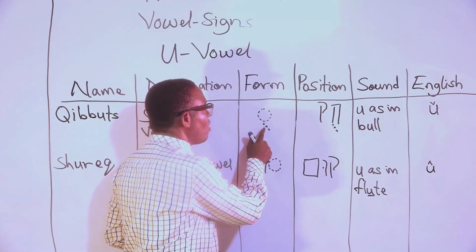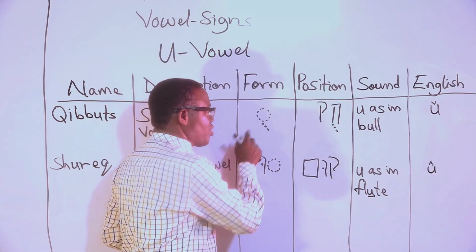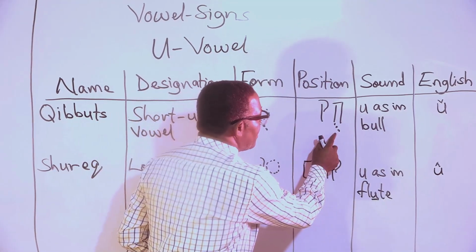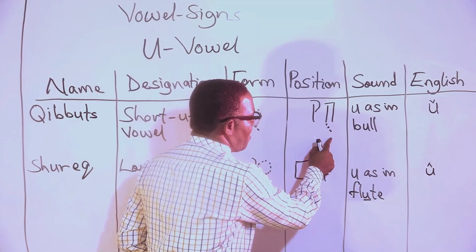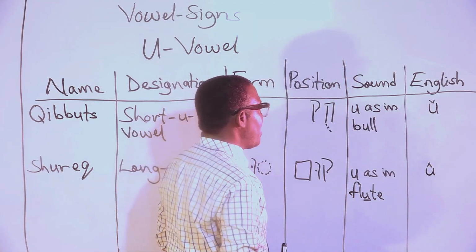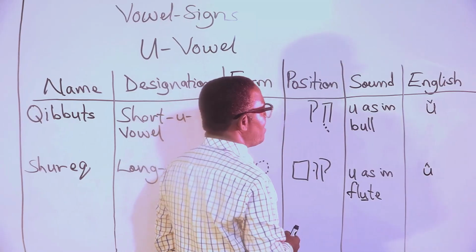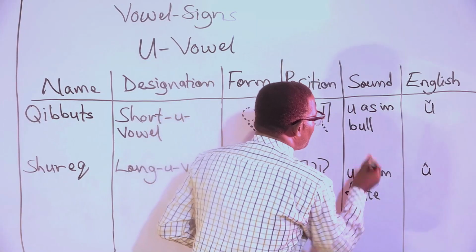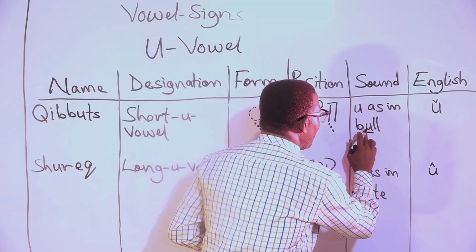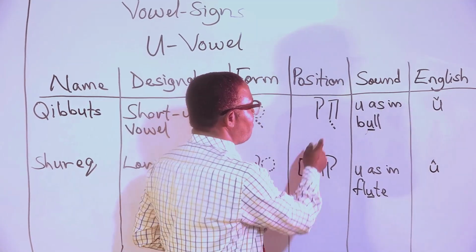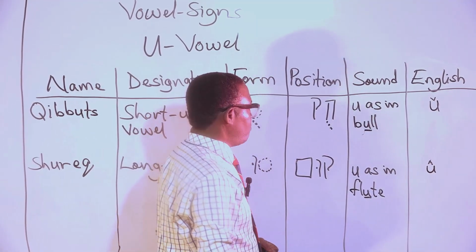Three slant dots under the consonants, as it appears in this word. You see these three slant dots now appearing under A. And it sounds as U in bull, as we have in this pronunciation.